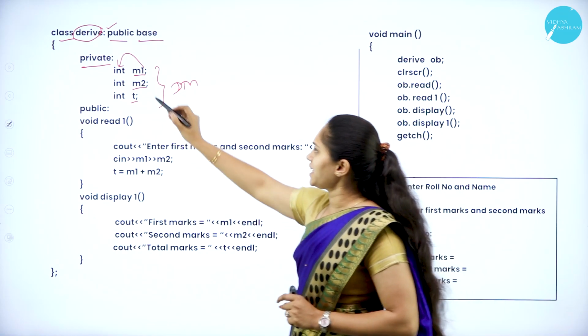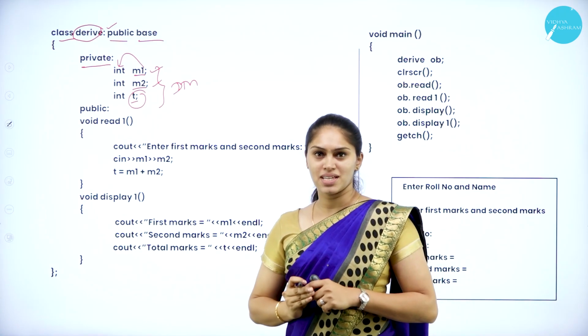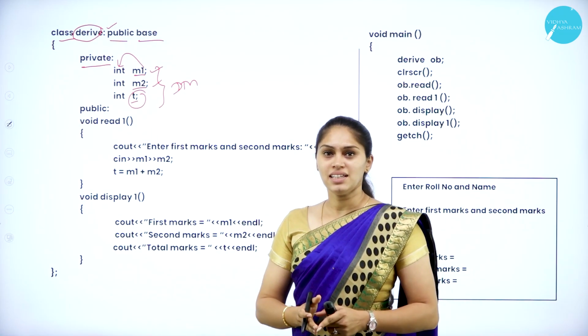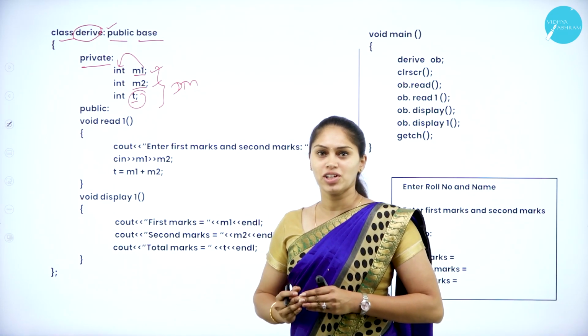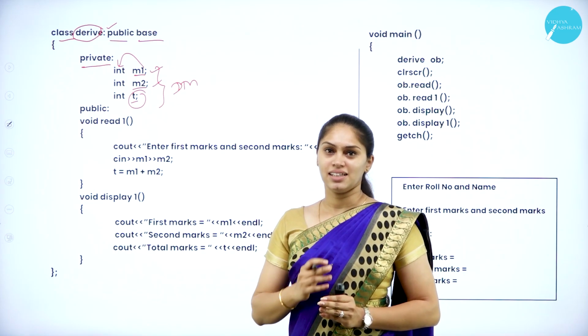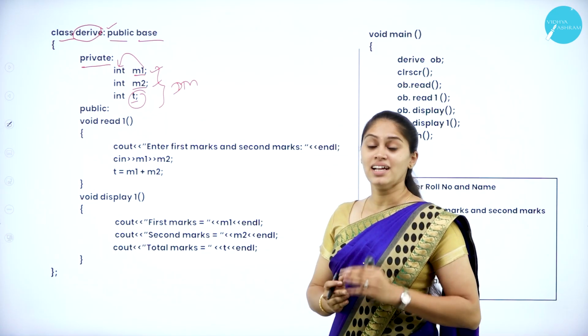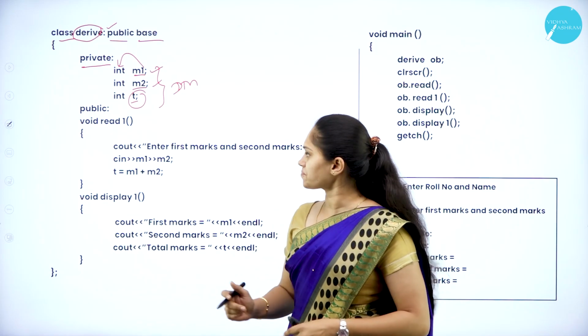Here M1, M2 and T specify that I am taking 2 subject marks. Then I am going to add the value of M1 with M2, and whatever value I get will be copied to the total, that is T. That is regarding the data members that I have taken in the derived class.